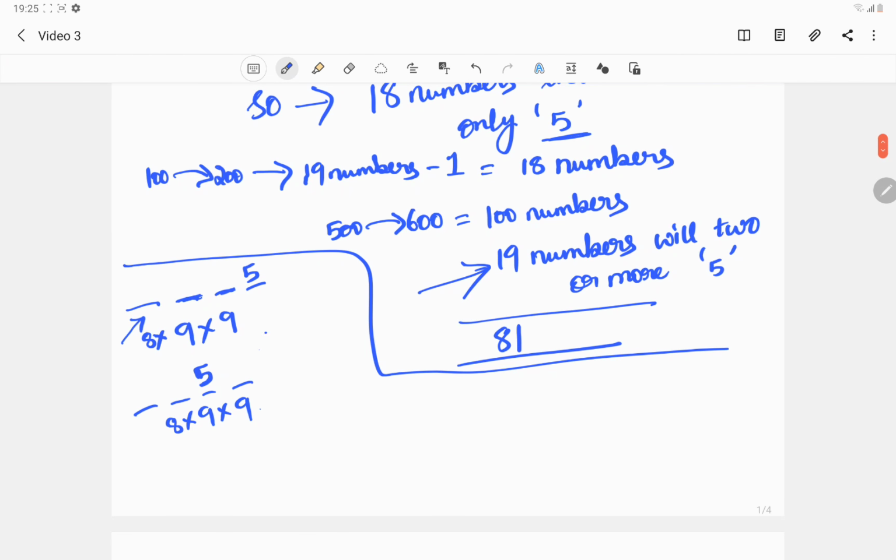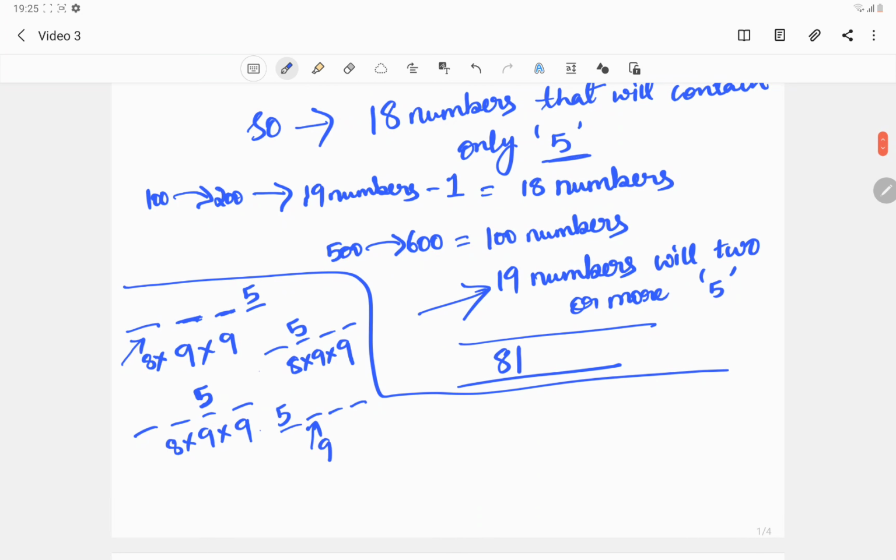Next, if 5 appears in the hundreds place, again it will be 8 into 9 into 9. Now, if 5 appears in the thousands place, then here I have 9 choices to fill, except 5 all the digits can be filled here, again 9, again 9. So these many integers will be there.